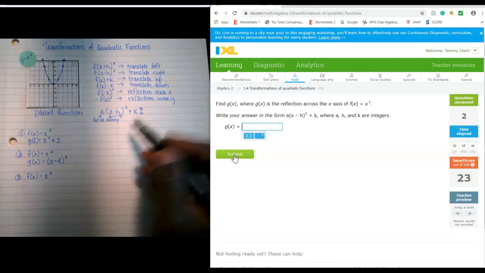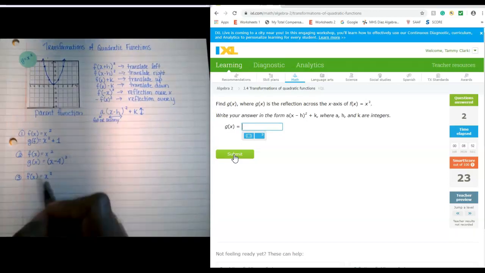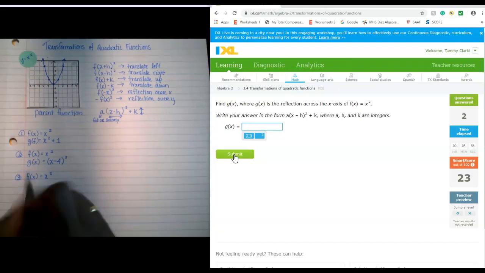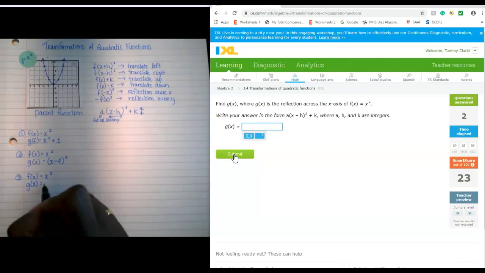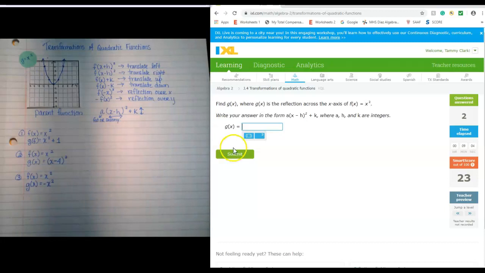But when it faces down, like this, my a is negative. And what is a here? A is that imaginary 1. So I'm going to do g of x is equal to negative x squared, because I simply just reflected it or flipped it over.